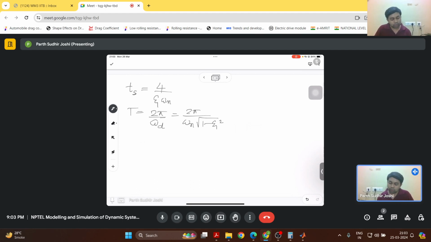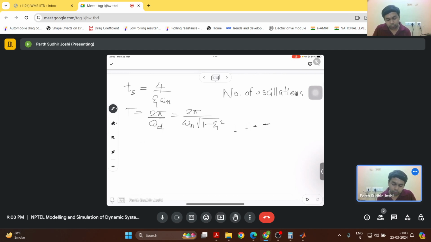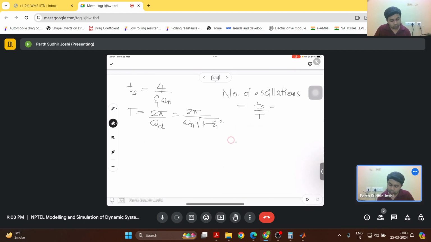So the number of oscillations will be basically the settling time divided by the time period, which is 4 by zeta omega n divided by 2 pi upon omega n into root of 1 minus zeta square.